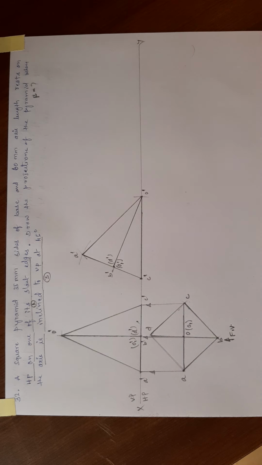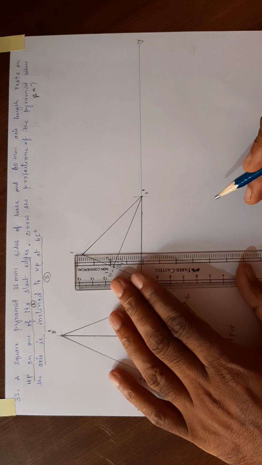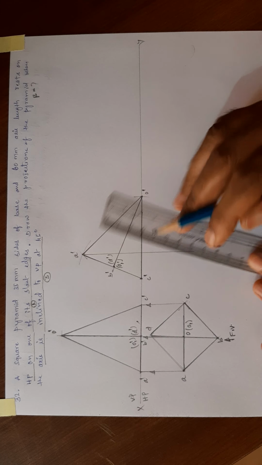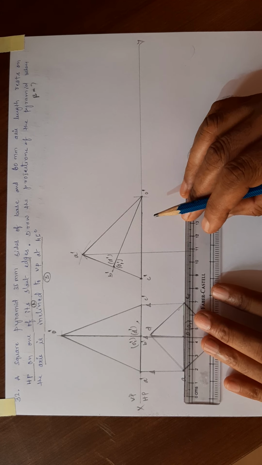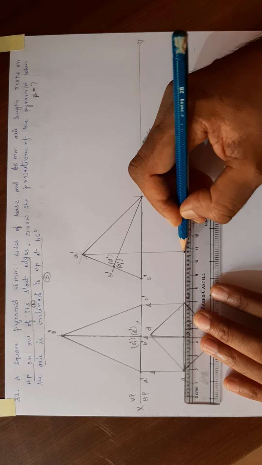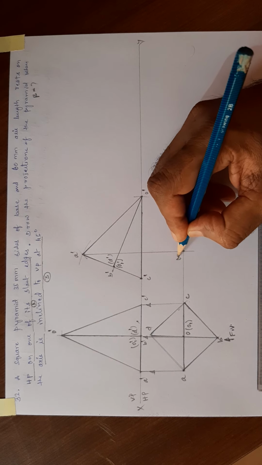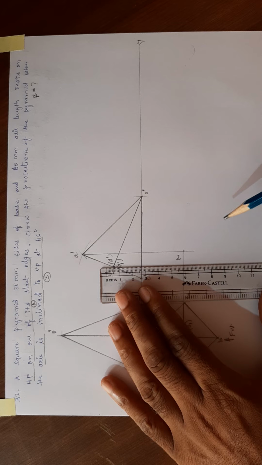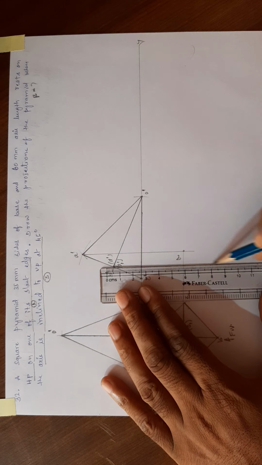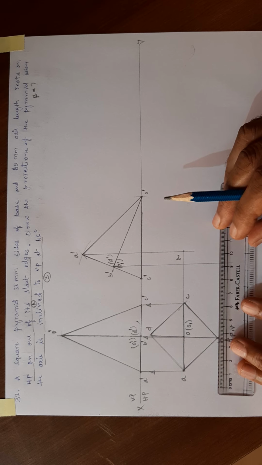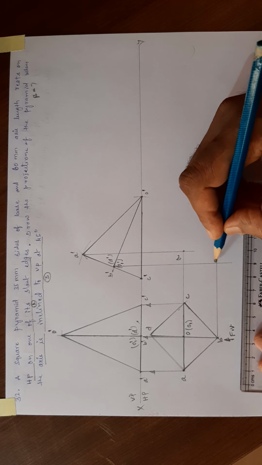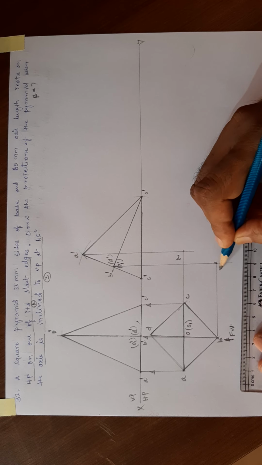Draw a vertical projector line from A dash, and a horizontal projector line from A. Now this point you will get is A. Next, from B dash, a vertical projector line, and a horizontal projector line from B. Now this point is B.